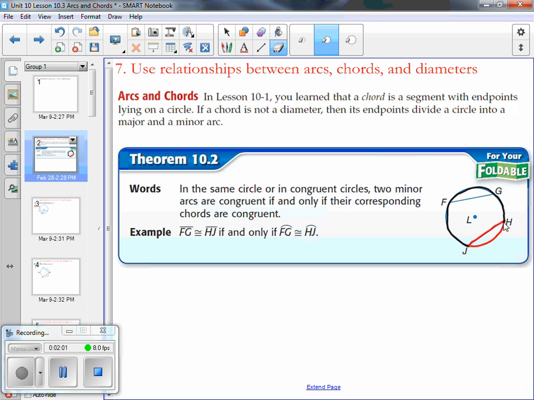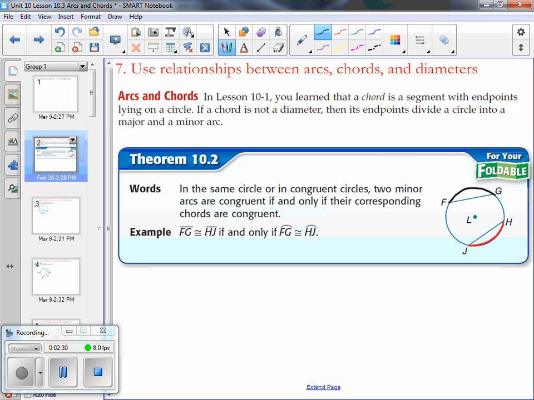But here's the way this works. In the same circle, or in congruent circles, two minor arcs are congruent if and only if their corresponding chords are congruent. So, this red arc, JH, and this black arc, FG, can be congruent if and only if their corresponding chords are congruent.